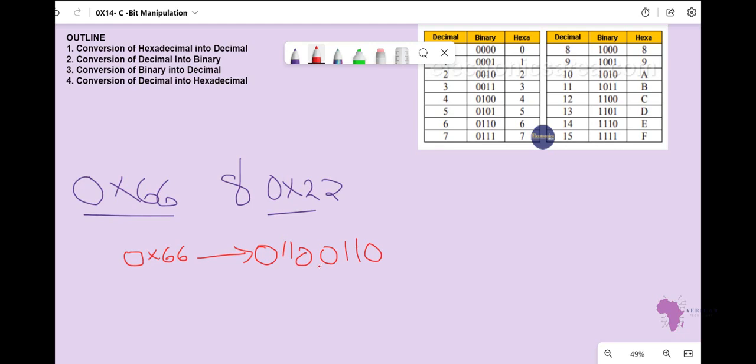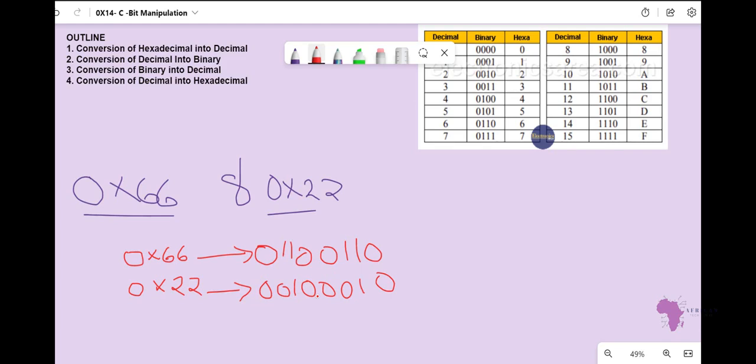Yes, like this. Then what about 0x22? 0x22 will give us 0 0 1, like that, then 3 zeros, I guess, like that, then 1 0. That's equivalent to this one.